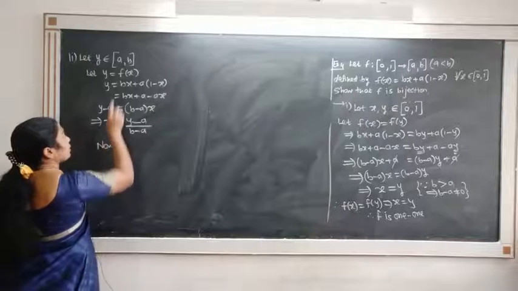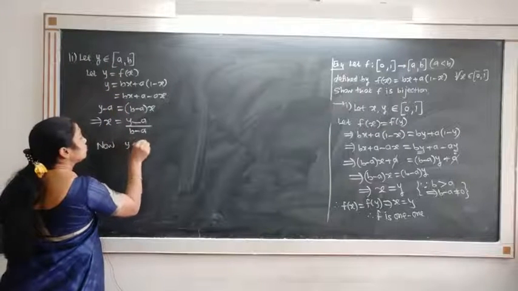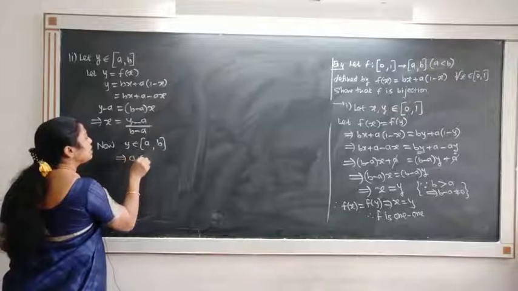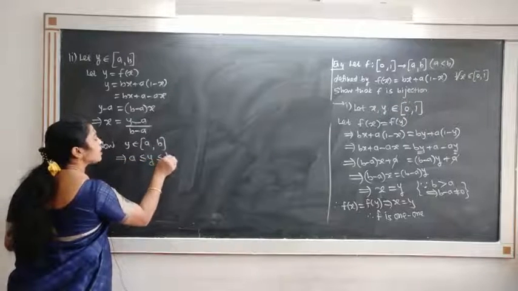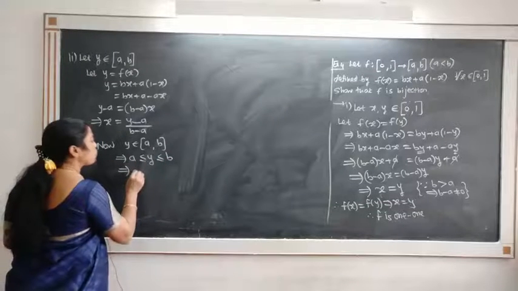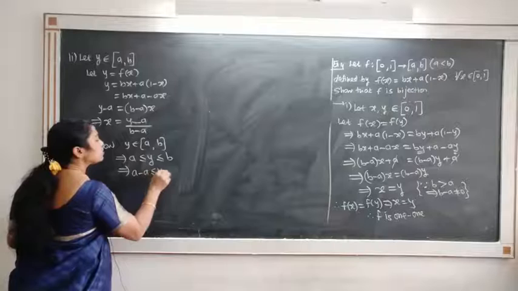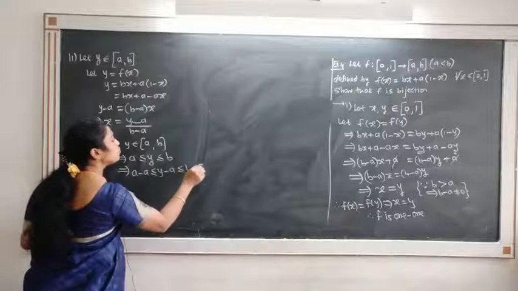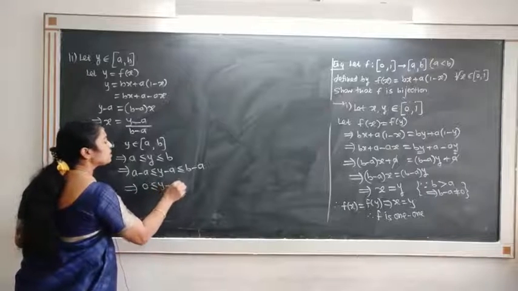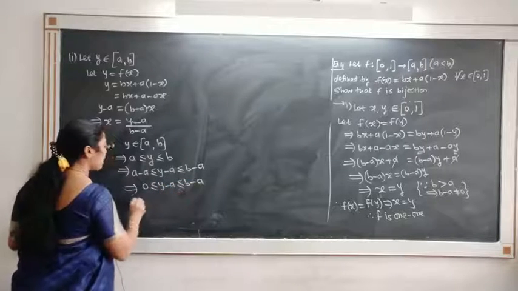Now observe that y belongs to the closed interval [a, b], means that a is less than or equal to y is less than or equal to b. Subtract a from everywhere. So a minus a is less than or equal to y minus a is less than or equal to b minus a. That is, 0 is less than or equal to y minus a is less than or equal to b minus a.